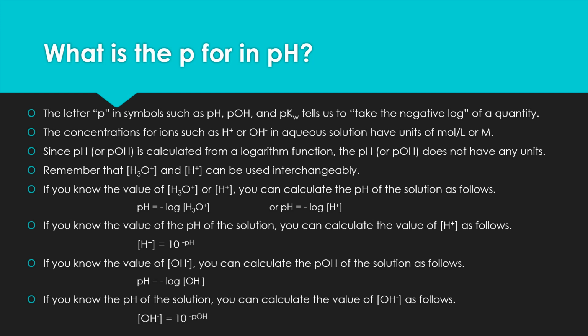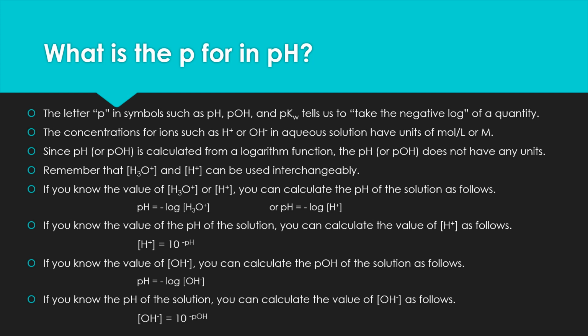Now, if we had the pH of the solution, we can also calculate the value of the H plus, right? We could reverse the process. To undo a log, we have to use the opposite operation. Well, that's convenient because on our calculator, if you hit the second key and then the log button, it has its inverse, which happens to be 10 to the x.